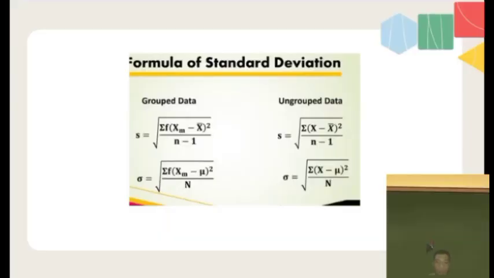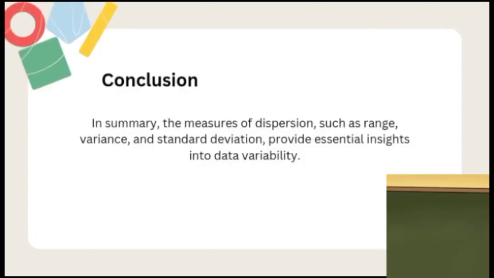Substitution: 450 over 29. Sample variance equals 15.52. That's all. This is the formula of standard deviation. In conclusion, in summary, the measures of dispersion, such as range, variance, and standard deviation, provide essential insight into data variability.